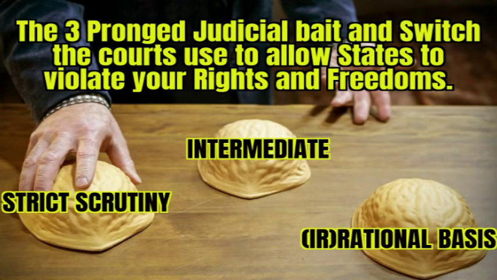Now, you have to understand the trick of the game that the courts are applying here. Because what the judiciary are basically doing, when they're trying to determine what your rights are, is exceeding their judicial power.